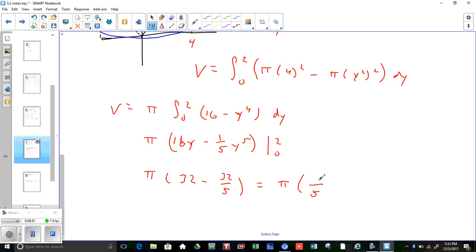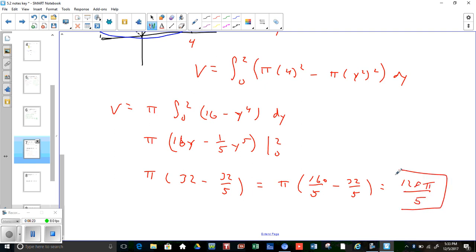What is that? 160, yeah, that's right. 160 fifths minus 32 fifths is going to be 128 fifths, so 128 pi over 5.